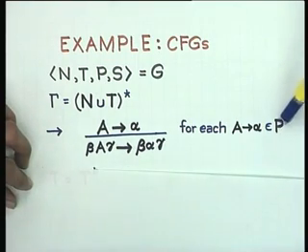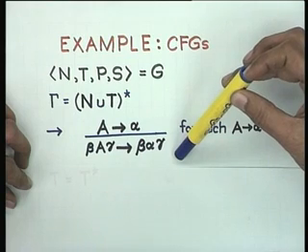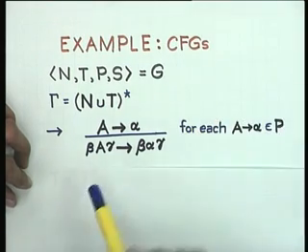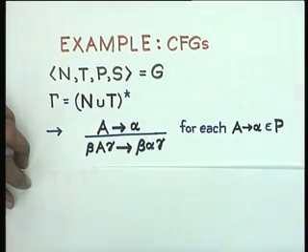The set of productions is finite, so the set of rules that you have is also finite, where beta and gamma are considered completely arbitrary.